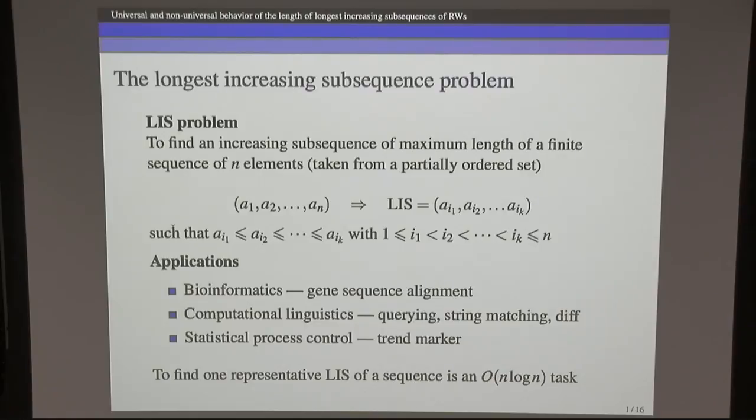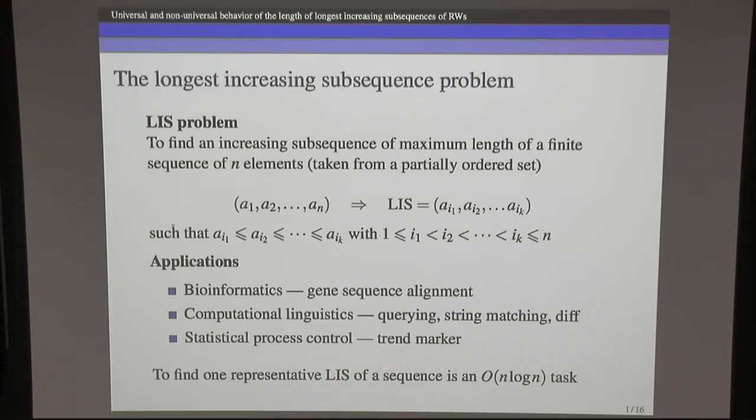You pick two files and run a diff. The core of the algorithm is finding a longest increasing subsequence. And statistical process control, because this increasing subsequence can be used as a trend marker for any kind of time-independent process, even finance or whatever. But we are more interested in the basic properties of this thing.